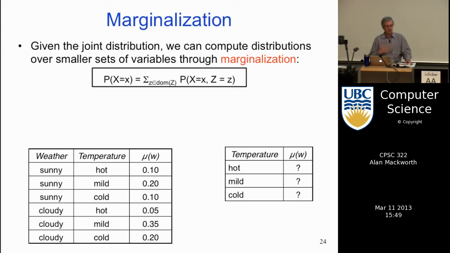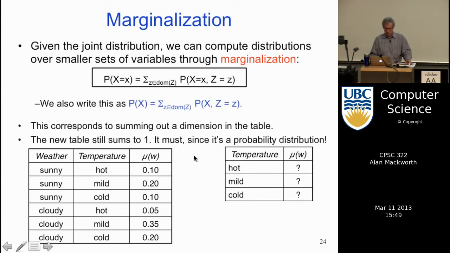So I need to project that out. I need to marginalize it out. And the way we do that is, in this case, probability of x, you sum over all the variables you're not interested in in the joint probability distribution and get a marginal distribution here. In this case, it corresponds to summing out a dimension in the table. And the new table, of course, still has to sum to 1 because it's still a probability distribution.